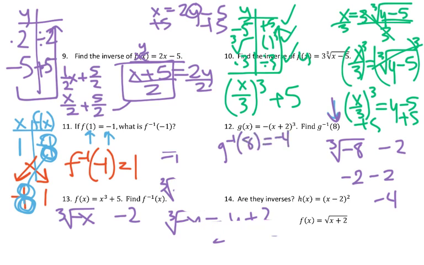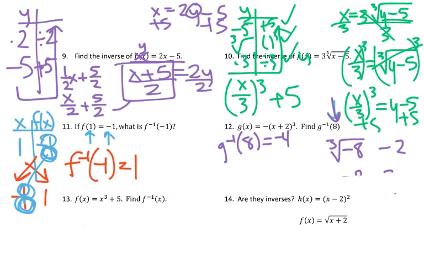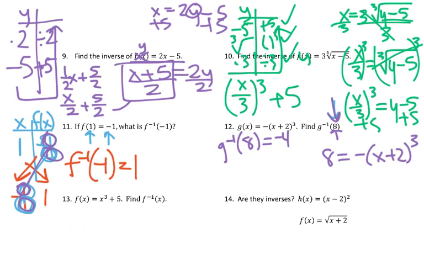Okay, the other way to do it, which is basically the same concept, would be to just realize this is your regular, your non-inverse, your regular g of x output, because of that idea of the inputs and outputs being swapped. So you could do this and then solve for 8, which is the same process.